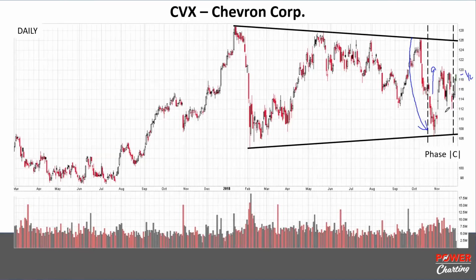And so these attempts to test and come back down to the area of the low that was made in late October, these are important tests which are occurring well off that level, well above it. And this is an important sign of a successful test. And this actually shows Chevron to be a stock that is stronger than other oil stocks of a similar nature.